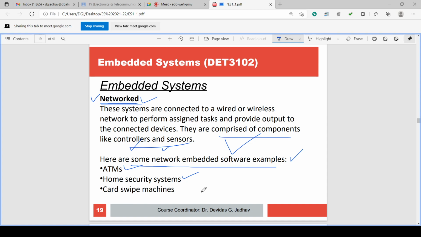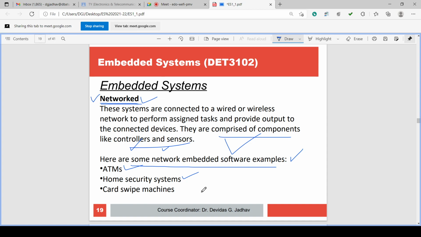Like the air conditioning of the home, or if you are in a snowy area, then the heaters of the home are turned on. Then the door is allowed to open, the gate of the home is open, then the garage gate of the home is open to put your vehicle.